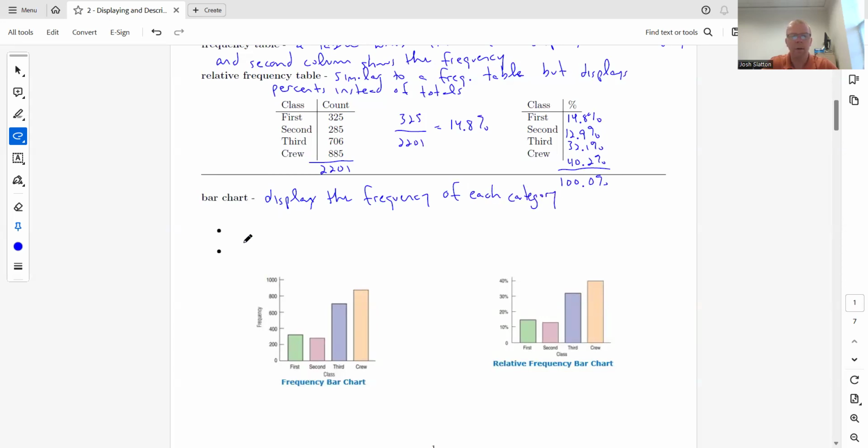And like we said a minute ago, all bars should have the same width. And what that does, like I said a minute ago, is the height corresponds to the frequency.